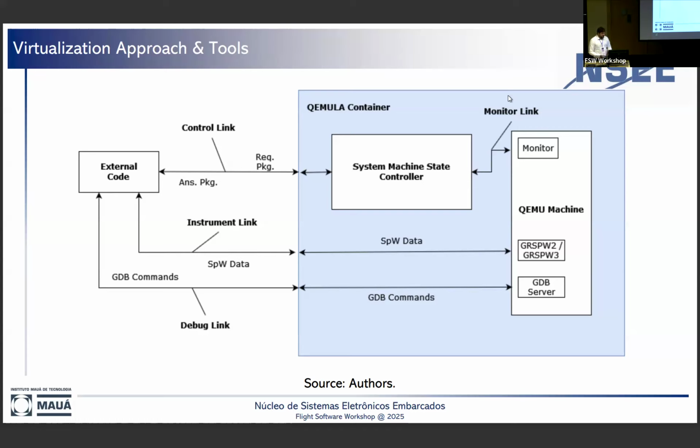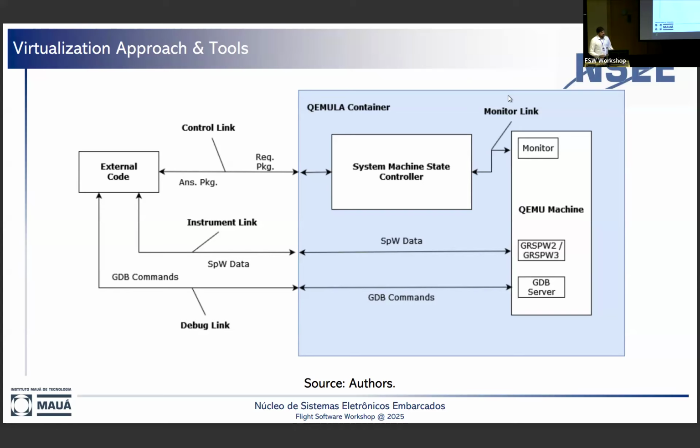It also has what we call the instrument link and the debug link. The instrument link simulates a real world instrument interface. For example, VenSpecM will use a SpaceWire interface, so this instrument link simulates this SpaceWire interface, and all data that goes through it is simulated to be equal to the real data traffic on the SpaceWire links of the spacecraft and the instruments, right?